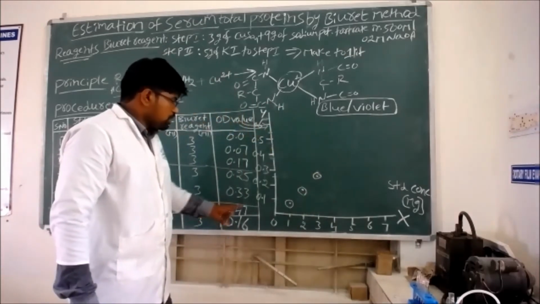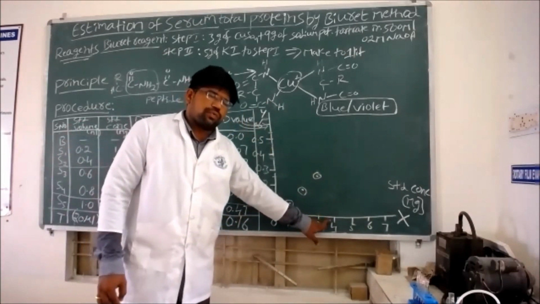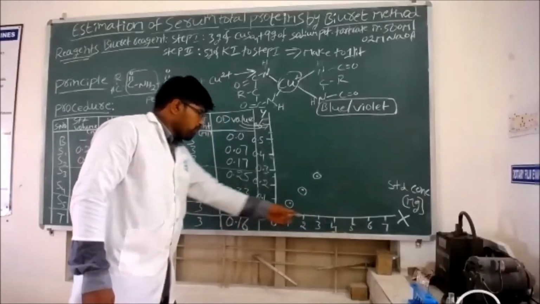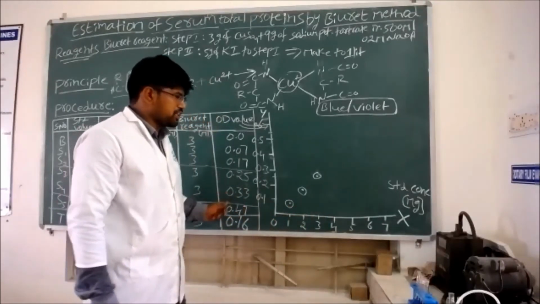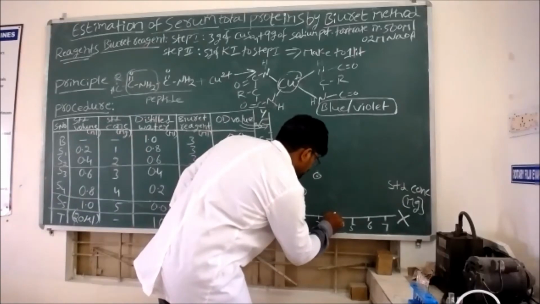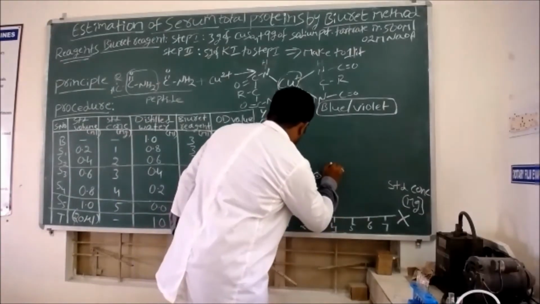Then S4: the concentration is 4 mg and the optical density value is 0.33.